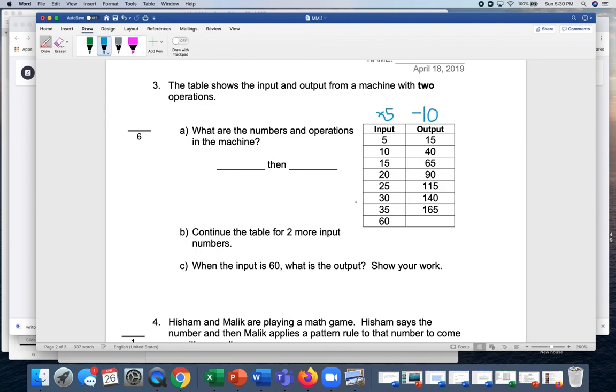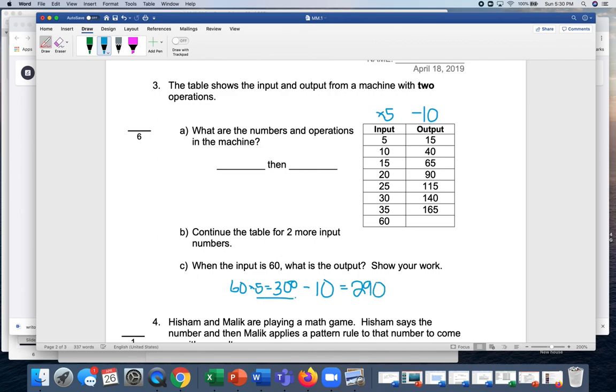So we do 60 times 5, which we can do with basic facts: 6 times 5 is 30, then we add on a 0, so the answer is 300. Then we subtract 10, so 300 subtract 10 is 290.